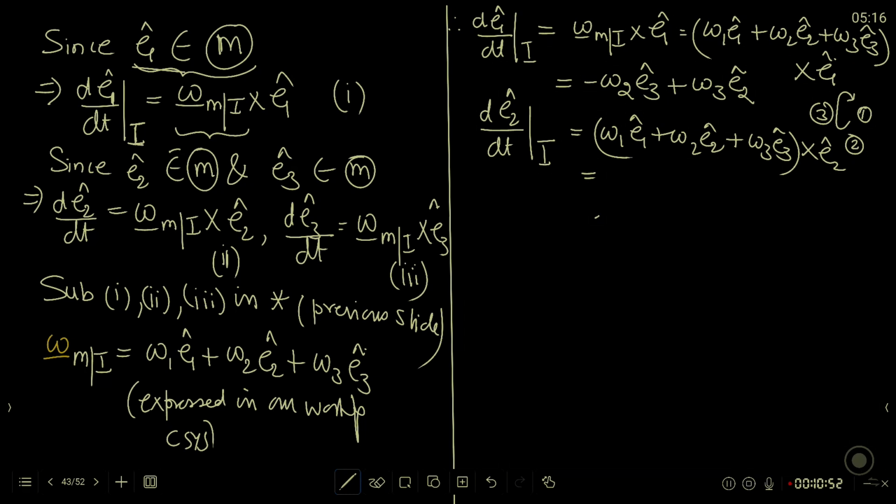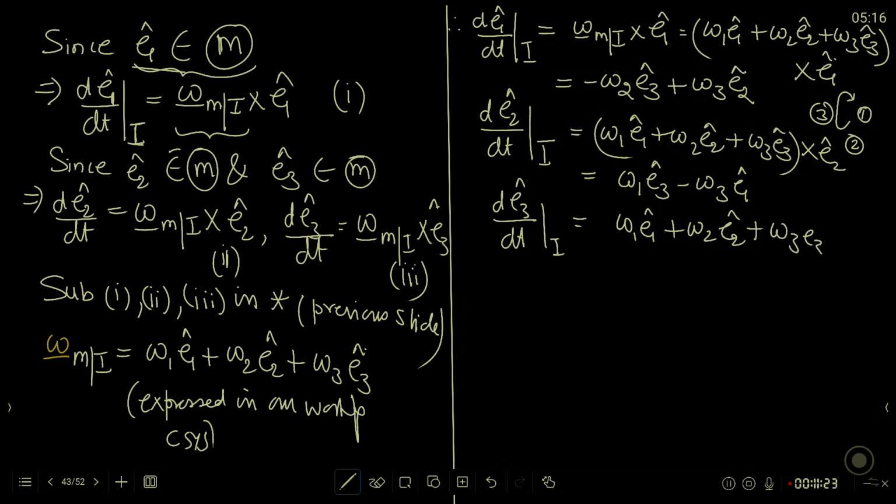This gives me omega 1 E1 E2 E3 2 3 2 minus omega 3 E1, 1 and 3 minus E2 and 2, 3 plus E1.